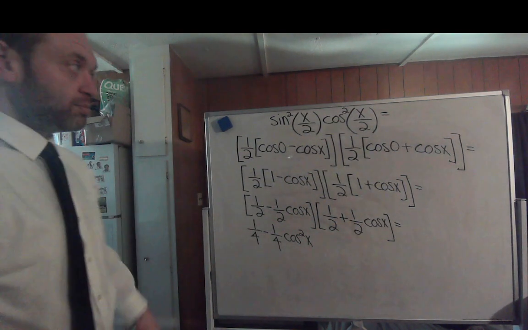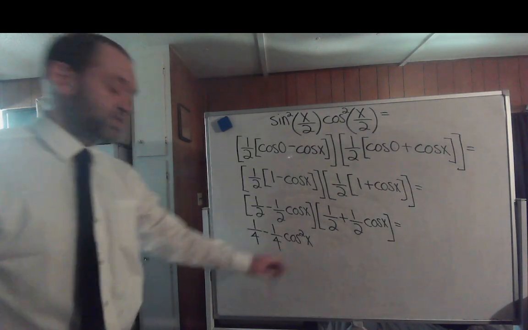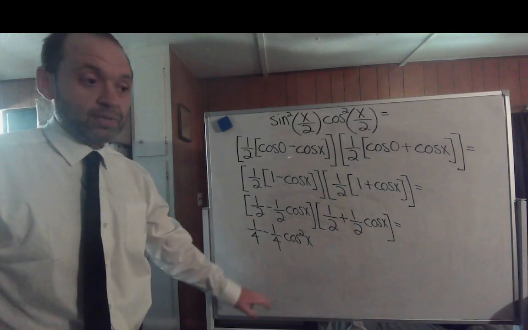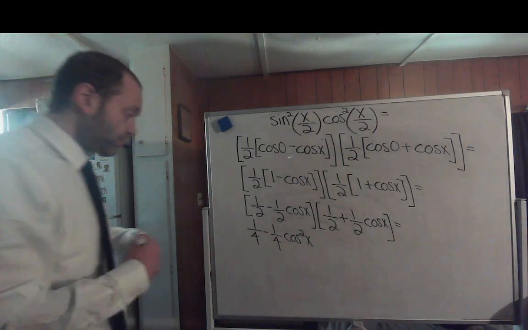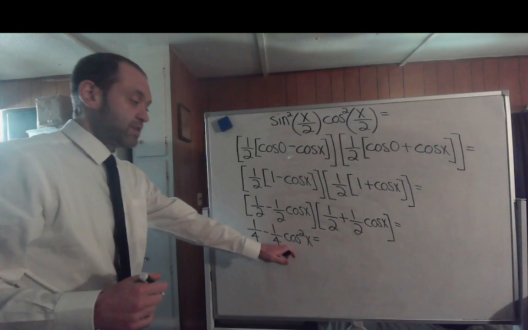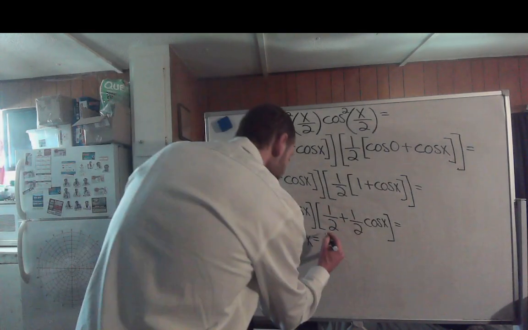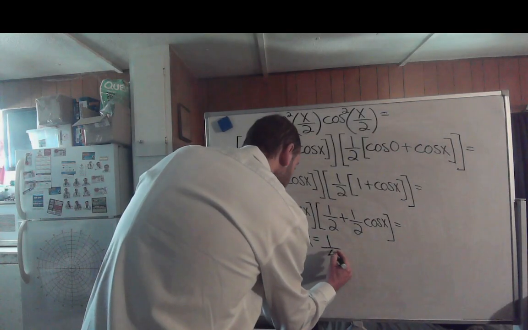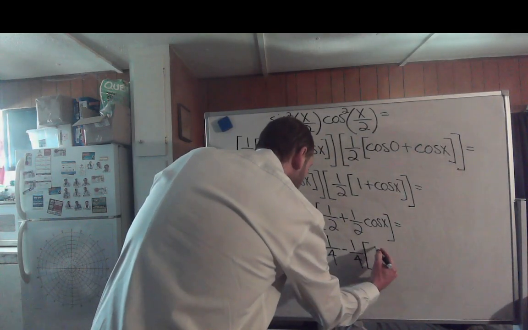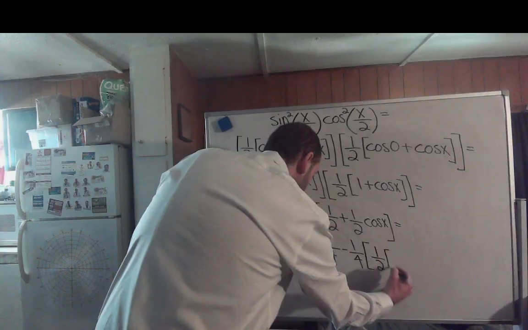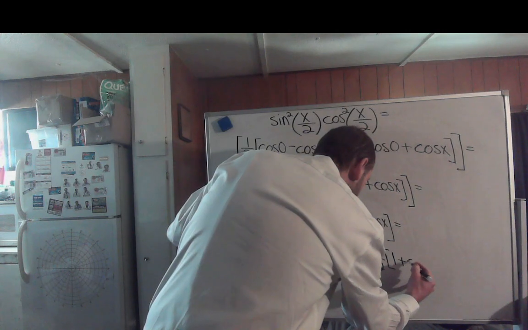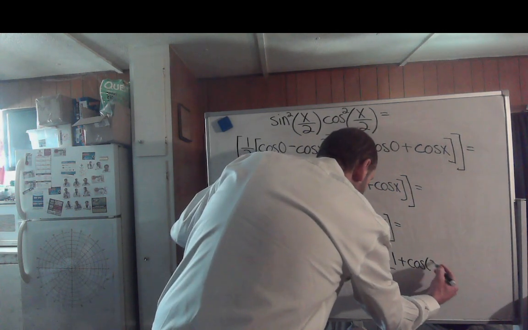Well, we're almost there, but we still have this cosine squared of x business. So we have to apply the power reducing formula yet again. So let's go ahead and apply the power reducing formula to the cosine squared of x. So this would turn into 1/4 minus 1/4 times the quantity of 1/2. Now cosine squared of x, that's going to be 1 plus the cosine of 2x.